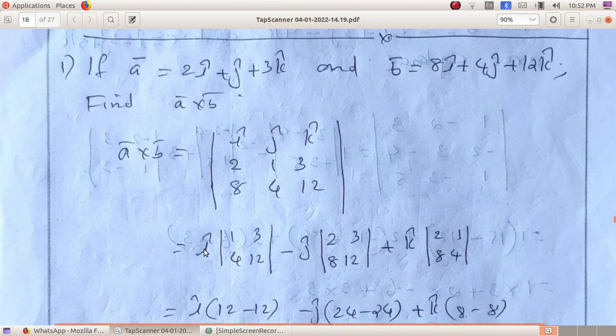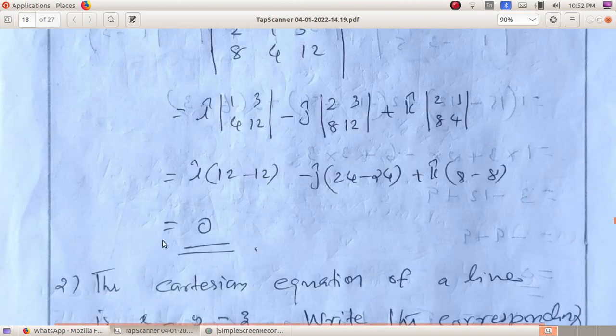Then i into, you cover this line and this line, 1, 3, 4, 12. Then minus j into, cover this line and this line, 2, 3, 8, 12, plus k into, automatically minus plus, k into, you cover this line and this line, 2, 1, 8, 4. Then after expansion you will get this one and hence 0.